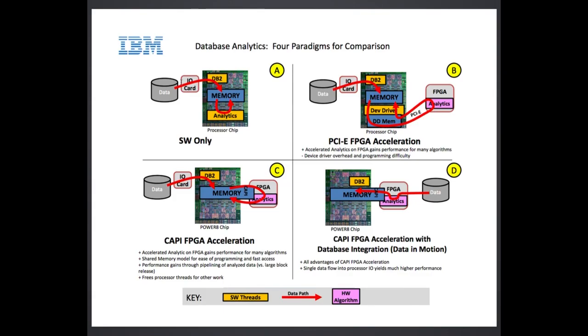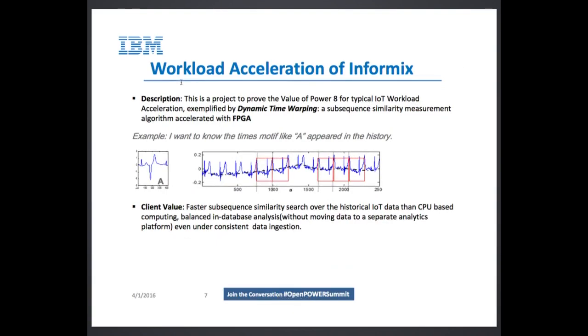Okay. So just a pair of examples. The first one is dynamic time warping, which is a historical pattern matching. This came out of Tsinghua University. Professor Fu, I believe, is that right? Professor Fu is the dynamic time warp guy, where you have a stream of data coming in, and you give it a pattern to match, and using CAPI in the acceleration engine, it's picking out all of the patterns that might be like this.